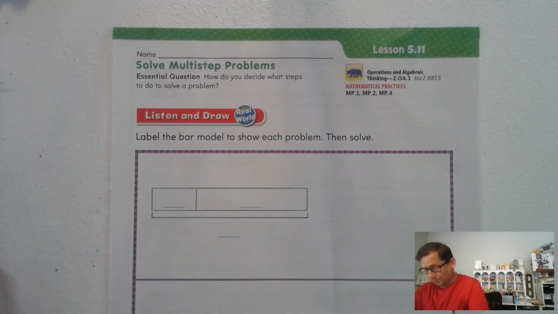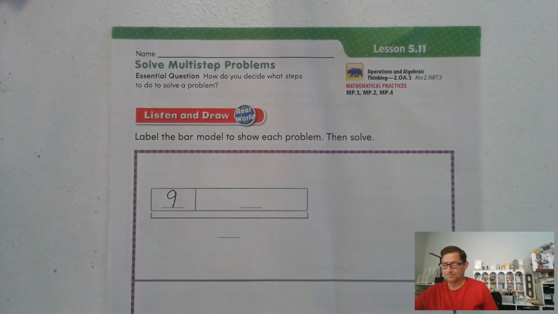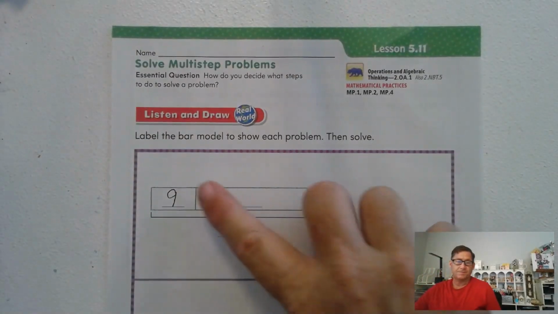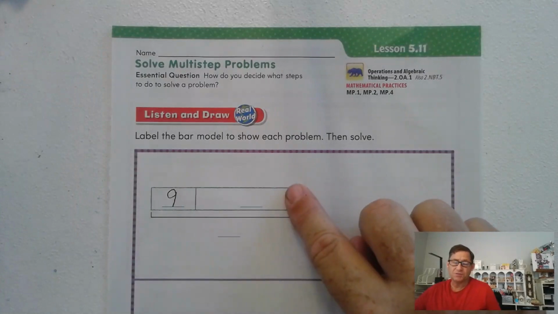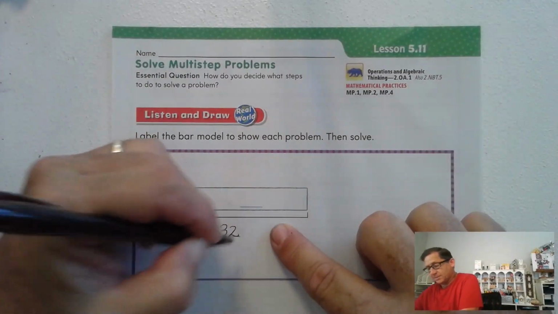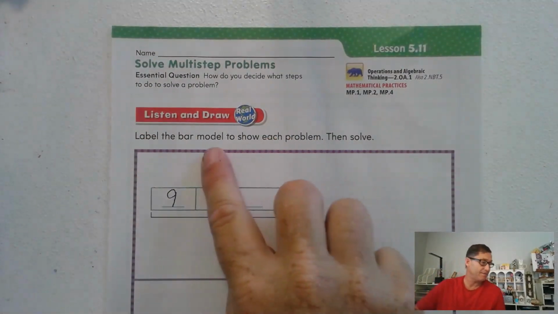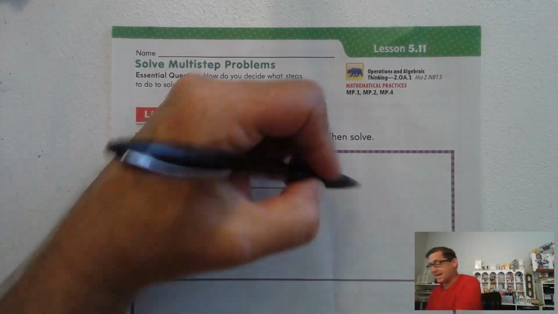Okay, so we know that she gave away 9. The amount that she gave away plus what she does have has to add up to 32 because that's what she had. So we have to find out how many she has.